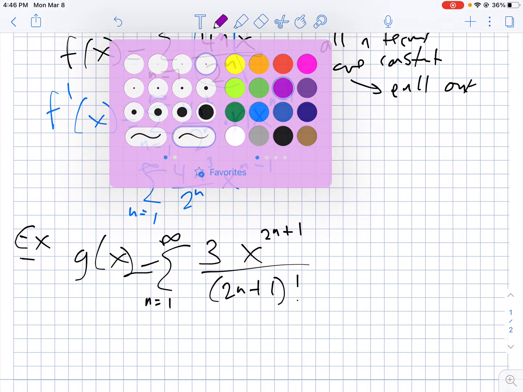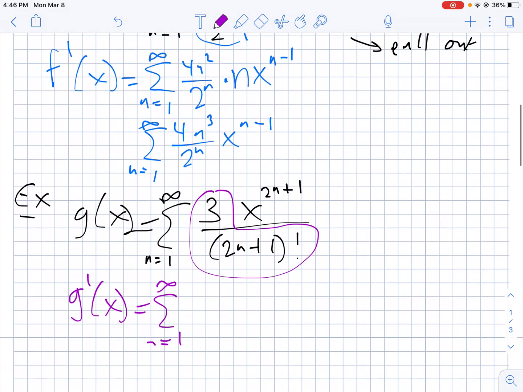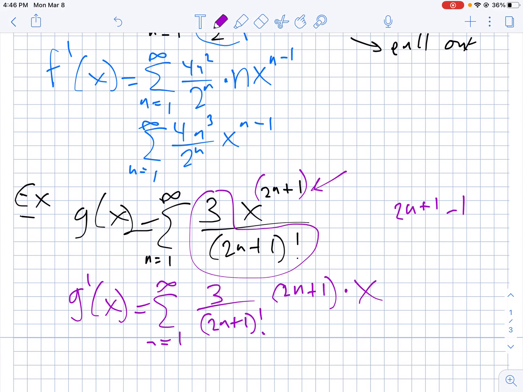Okay, so when we take the derivative of this, again, anything without an x is constant, so leave that in front. So that's just going to be 3 over 2n plus 1 factorial. And we take the derivative of x to the 2n plus 1, that whole power comes down. So that's 2n plus 1 times x to the, and when I subtract 1 from the power, you just get x to the 2n.